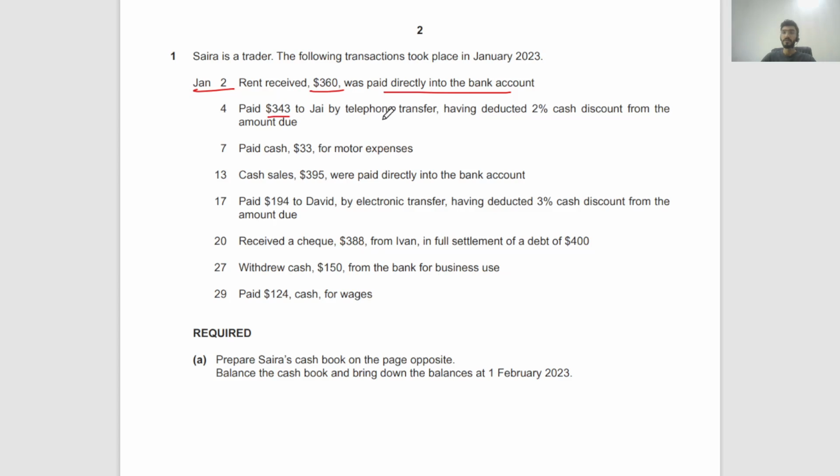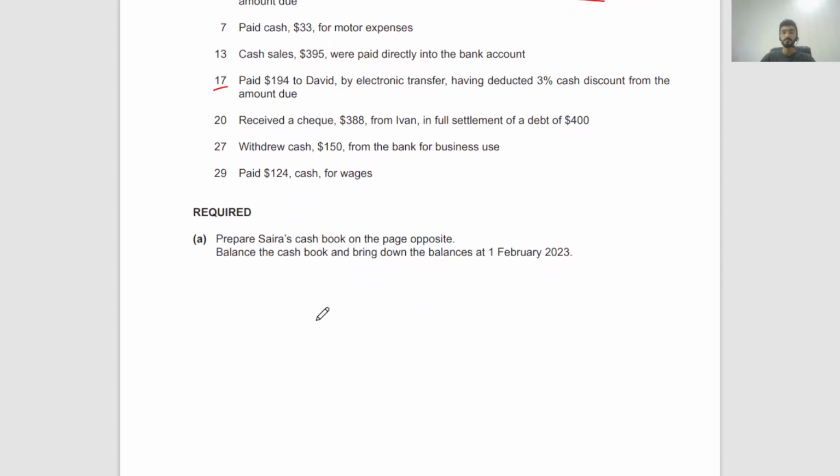Paid 343 to J by telephone transfer, having deducted 2% cash discount from the amount due. Be very careful with this type of transactions, and I noticed there are more of such kind. Now, remember there are two things. There's an amount paid and there's an amount due.